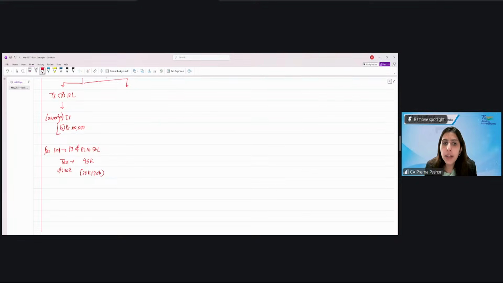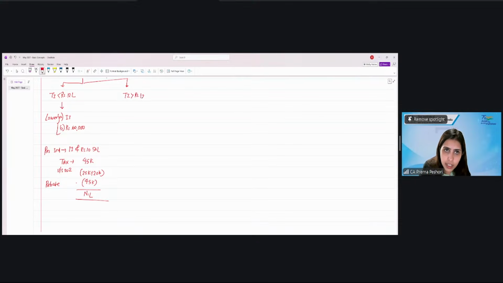So what will be my rebate? Rebate is 45,000, so I will be paying no tax effectively. Are we clear?